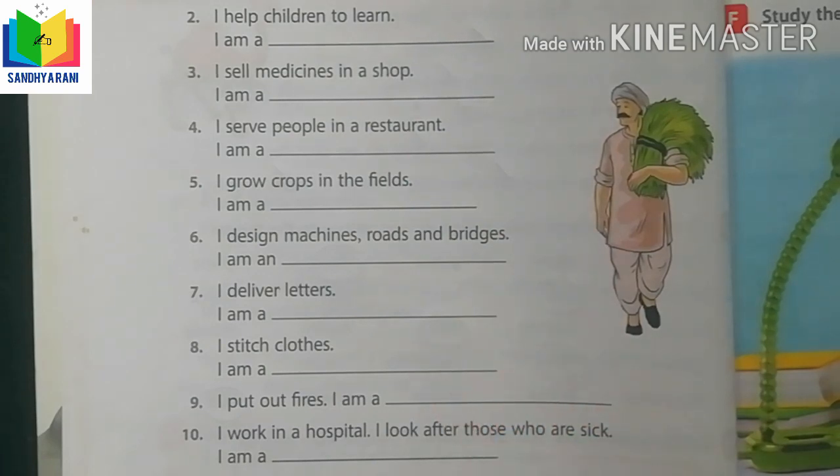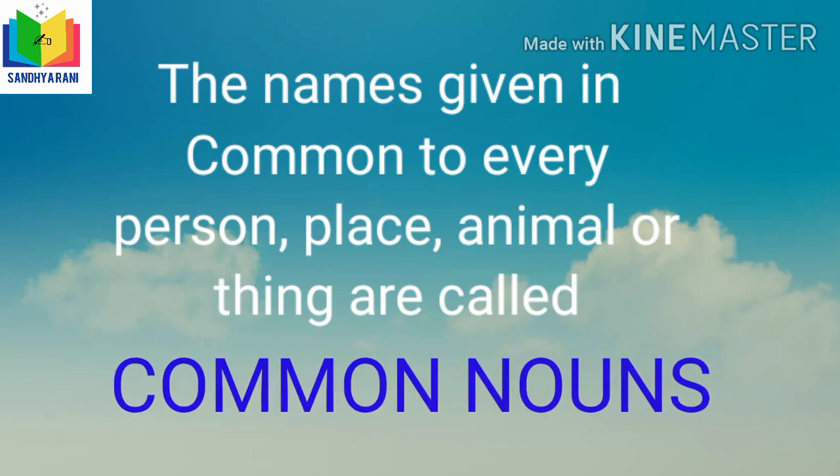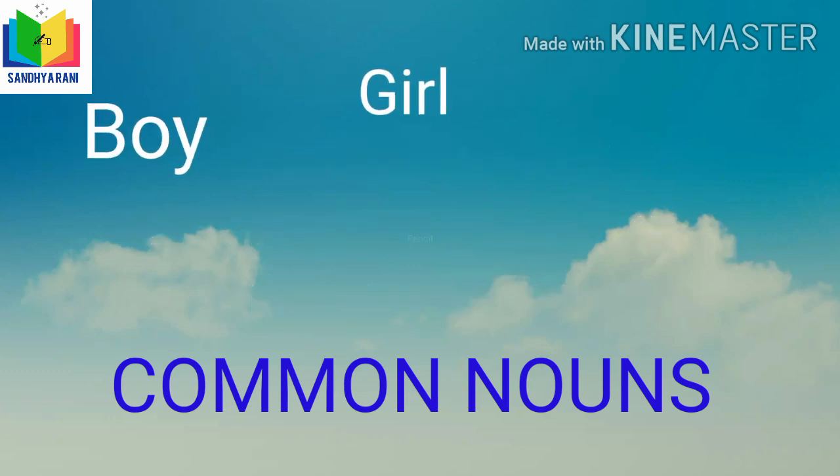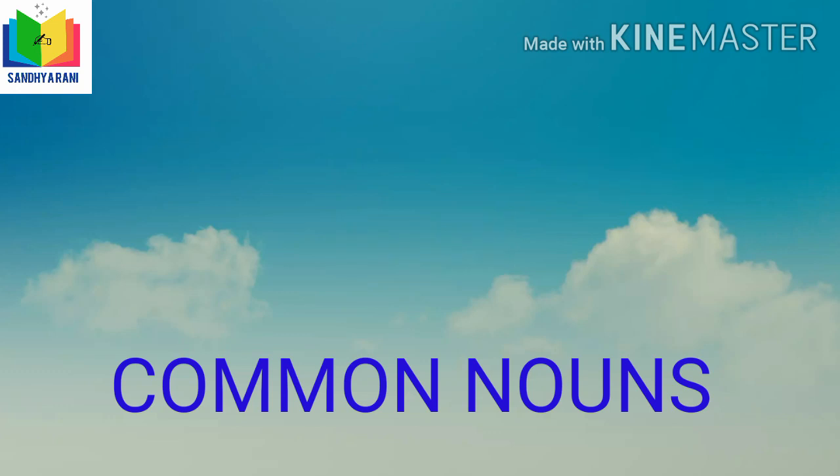Okay children, now let us learn about common nouns and proper nouns. The names given in common to every person, place, animal or thing are called common nouns. For example, boy, girl, pencil, river. These all are examples of common nouns.